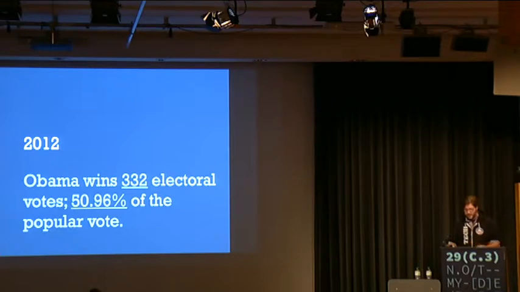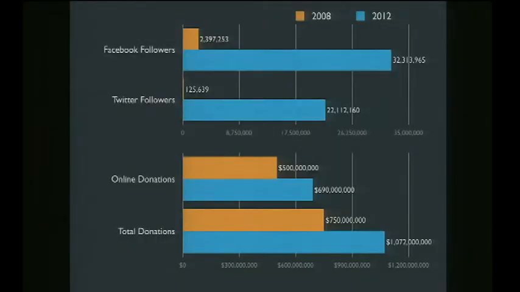A really clear way to view that transition from 2008 to 2012 technology is to look at social media. Facebook, obviously a huge jump in terms of followers. In 2008, he had just over 2 million followers, the Barack Obama account. That's jumped up to 32 million, which is one of the biggest accounts in terms of followers on Facebook.